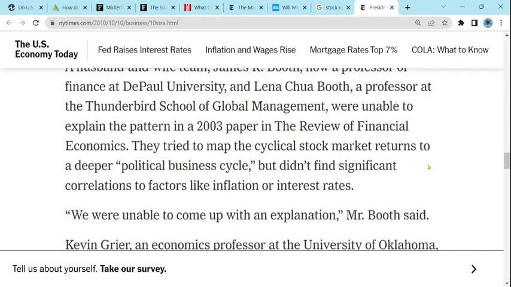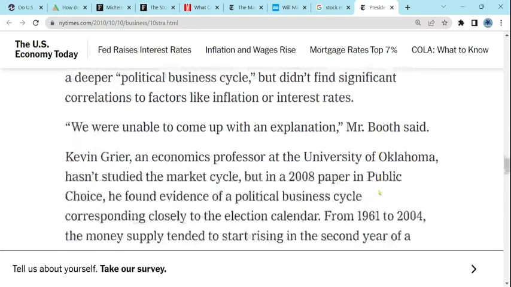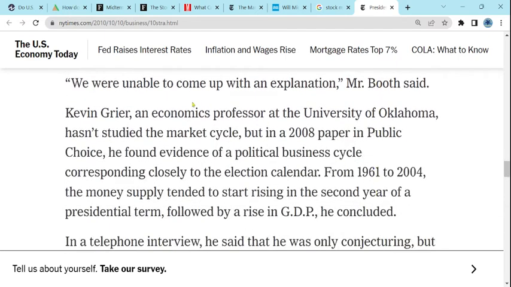They tried to map the cyclical stock market returns to a deeper political business cycle, but didn't find significant correlations to factors like inflation or interest rates. So they're not able to come up with an explanation. But in this paper in 2008, they found evidence of a political business cycle corresponding closely to the election calendar.